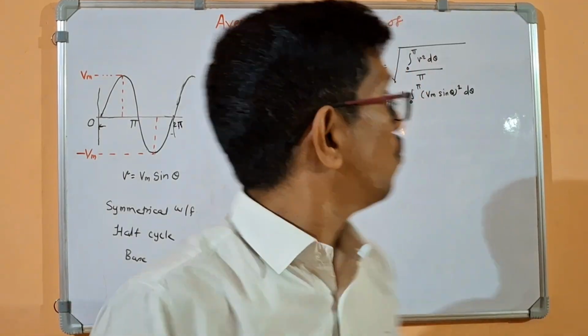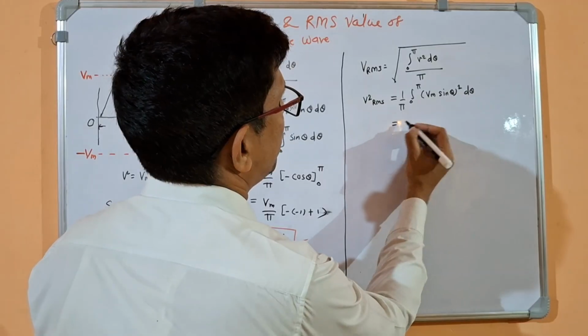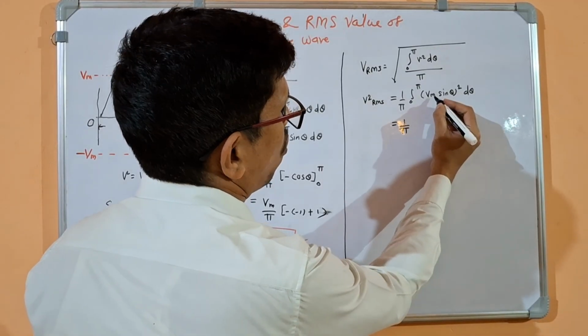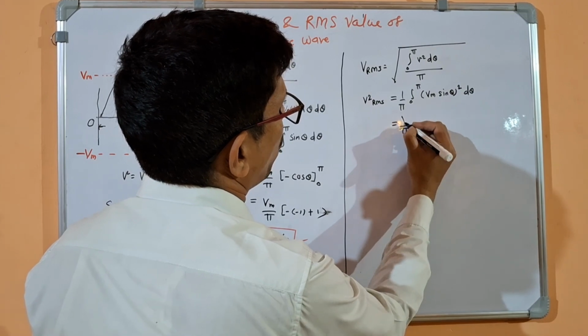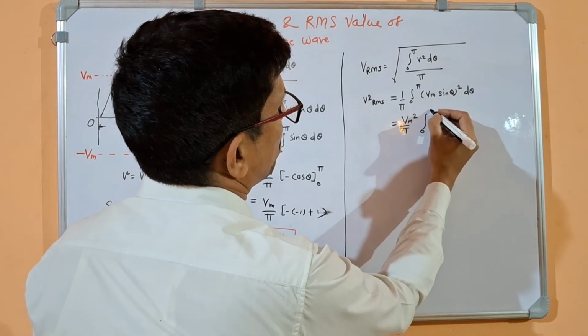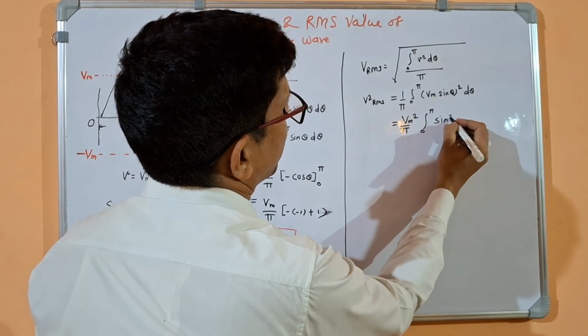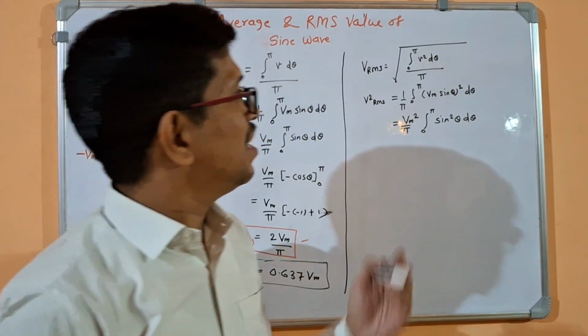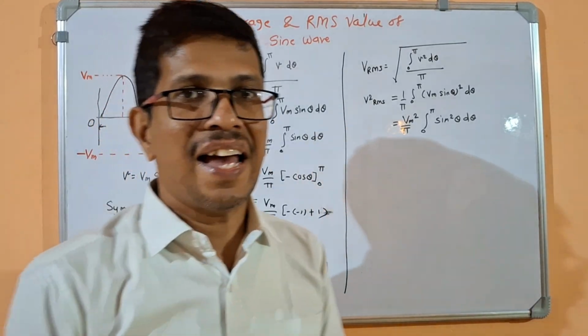Got it? So what will be the next step? It will be 1 by pi. Vm is constant, so I will take Vm square out of that integration. Only integral from 0 to pi of sine square theta d theta. Now we can't integrate sine square theta directly.